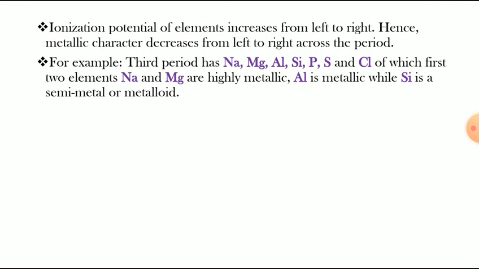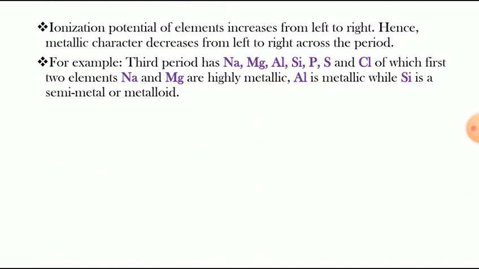For example, the third period, all of you know the third period: sodium, magnesium, aluminum, silicon, phosphorus, sulfur, chlorine. Of these, the first two elements, sodium and magnesium, are highly metallic. Aluminum is metallic, while silicon is a semi-metal or metalloid.